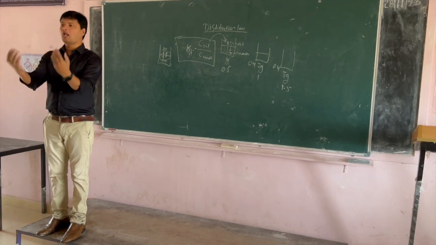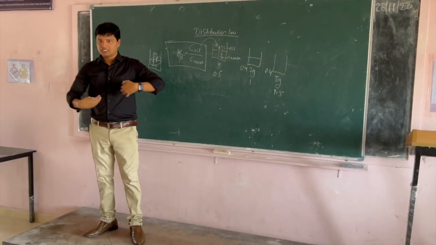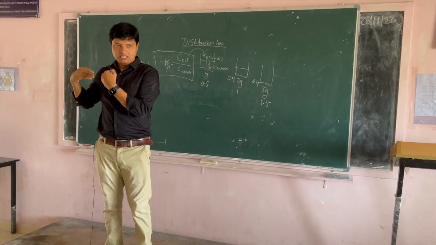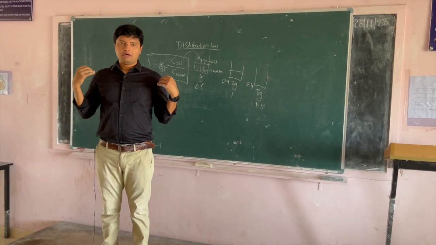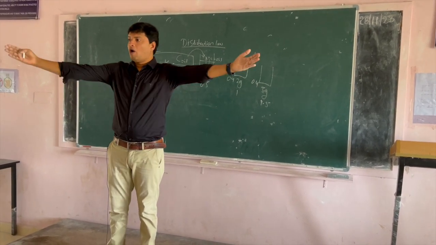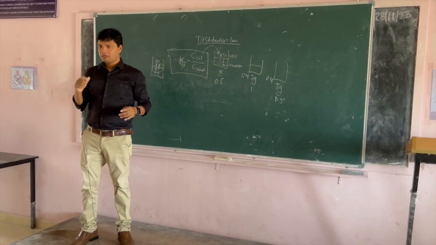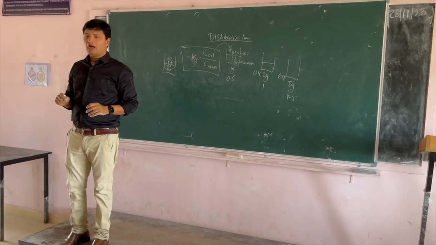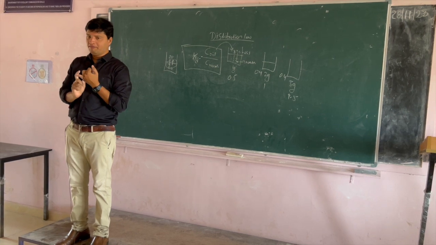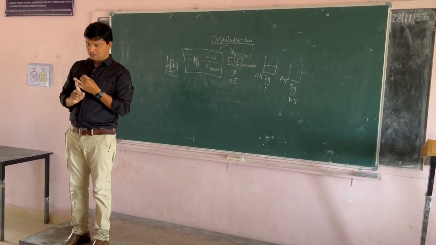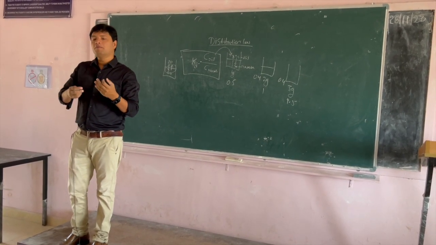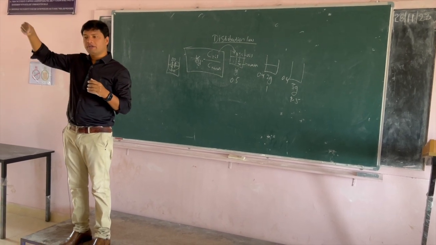Now define the law. Whatever I just said was a story, and scientists have done this. Collaborate that story and you will get the definition. It is defined that, before equilibrium, what are we doing?